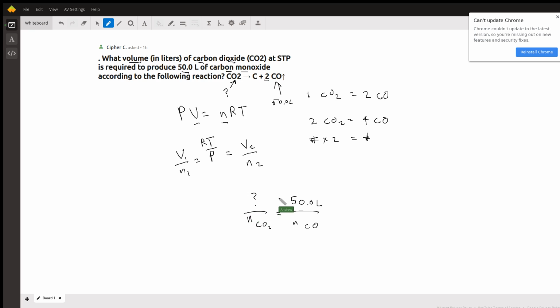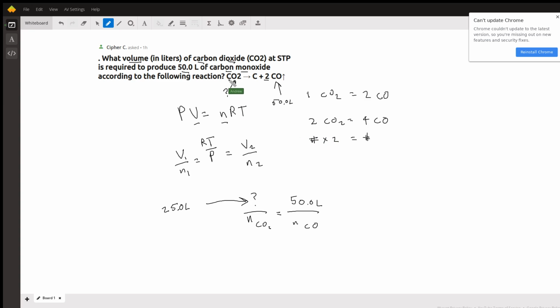So for this question, without knowing our number of molecules, we can say this should be 25.0 liters. It's due to the fact that we have half as many moles, and so we should have half the volume.